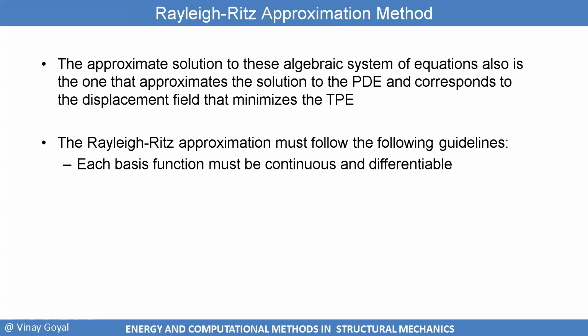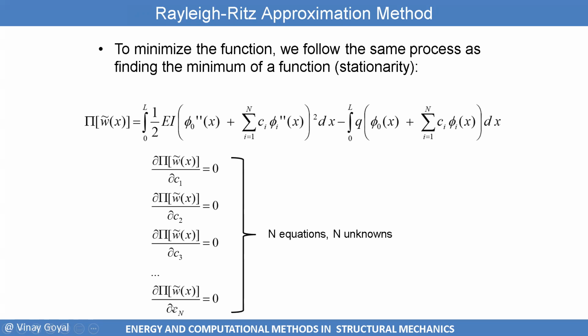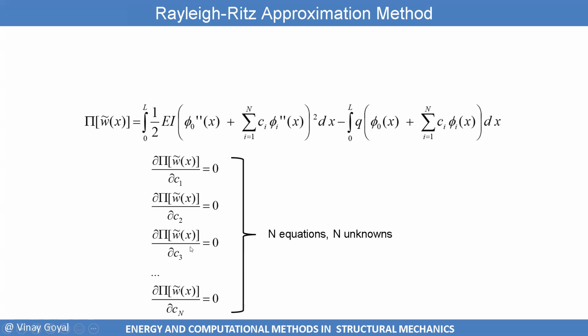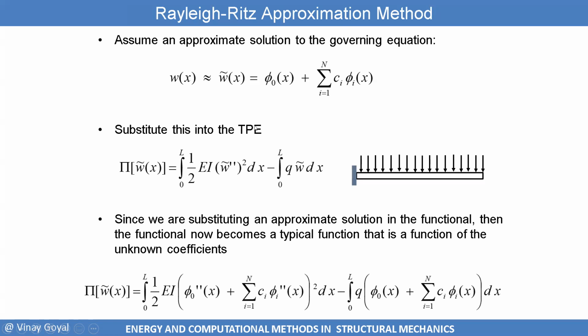And when I find this C1, C2, C3, to Cn, and I plug them back in here into my approximate solution, guess what? This approximate function that I came up with, now the C's are known, they could be 2.1, 2.3.